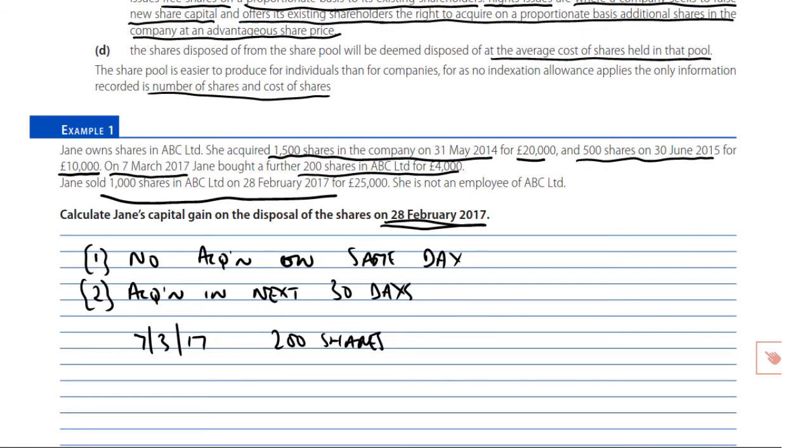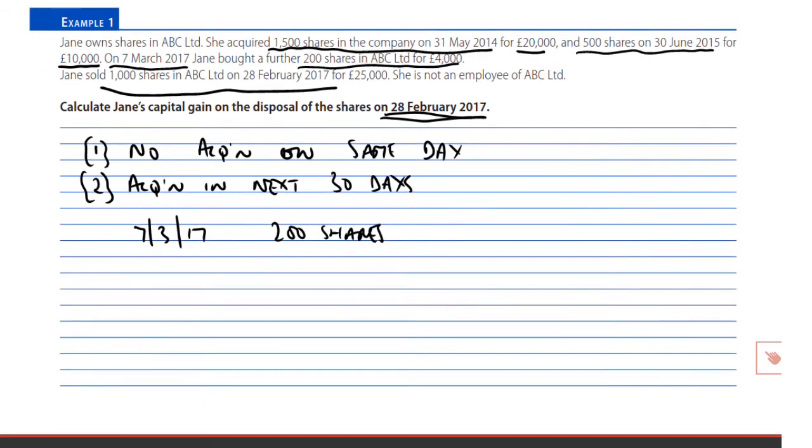So what have we got? Our disposal consideration, as we call it, our sales proceeds. If I can get this to move down, there we go. Our disposal consideration, sales proceeds. This is 200 shares out of the 1,000 shares being sold at what were proceeds of £25,000. So 200 of the 1,000 at £25,000 for the lot will give us therefore our sales proceeds in this particular calculation that, methinks, will be some £5,000.